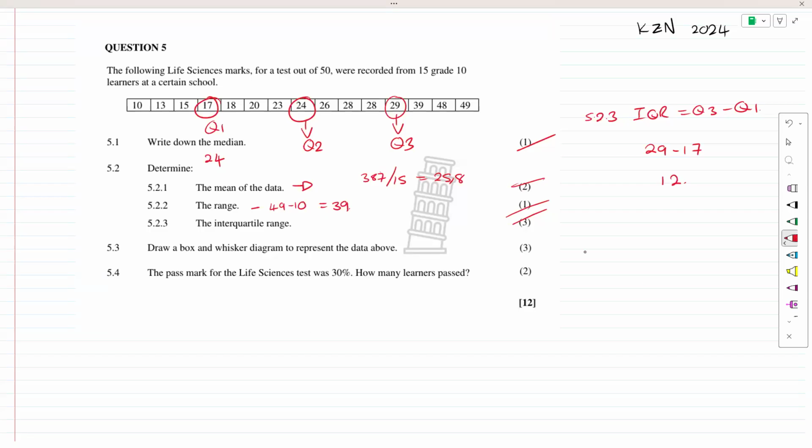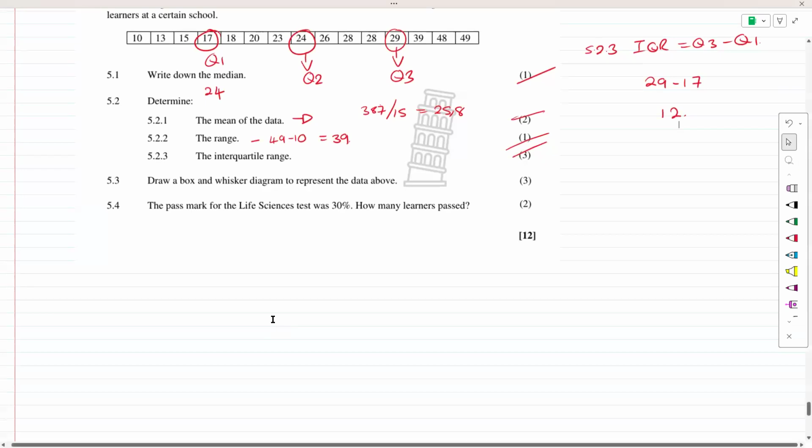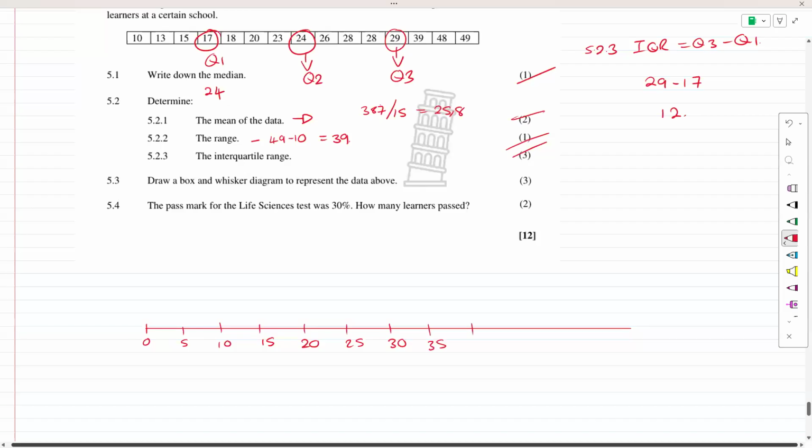Now guys, if they want a box and whisker diagram, did they want it accurate? They didn't want it accurate, but no, they always want it accurate, but let's try and just draw 5, 10, 15, 20, 25, 30, 35, 40, 45, and 50.